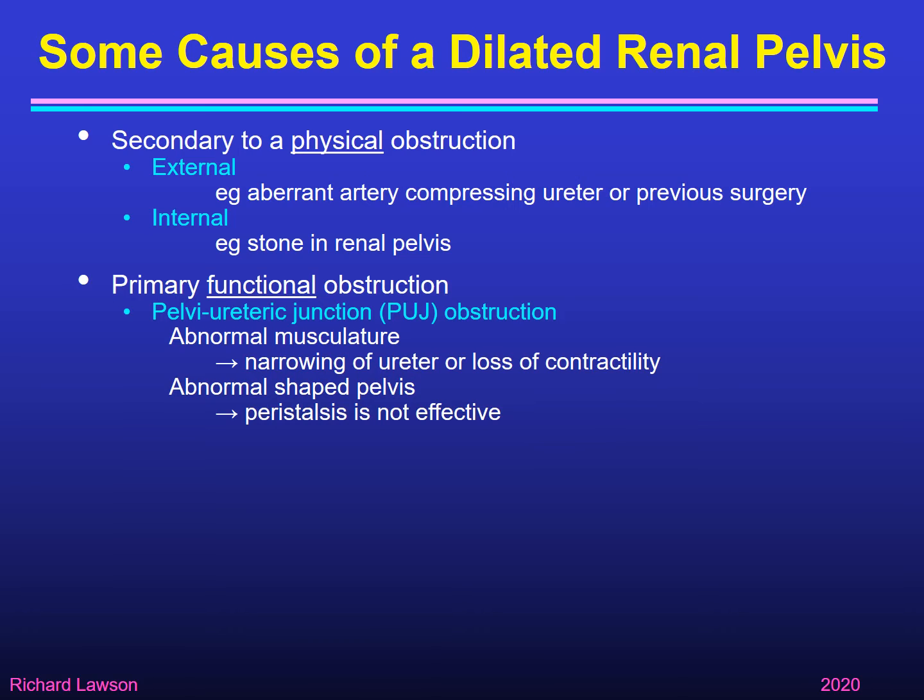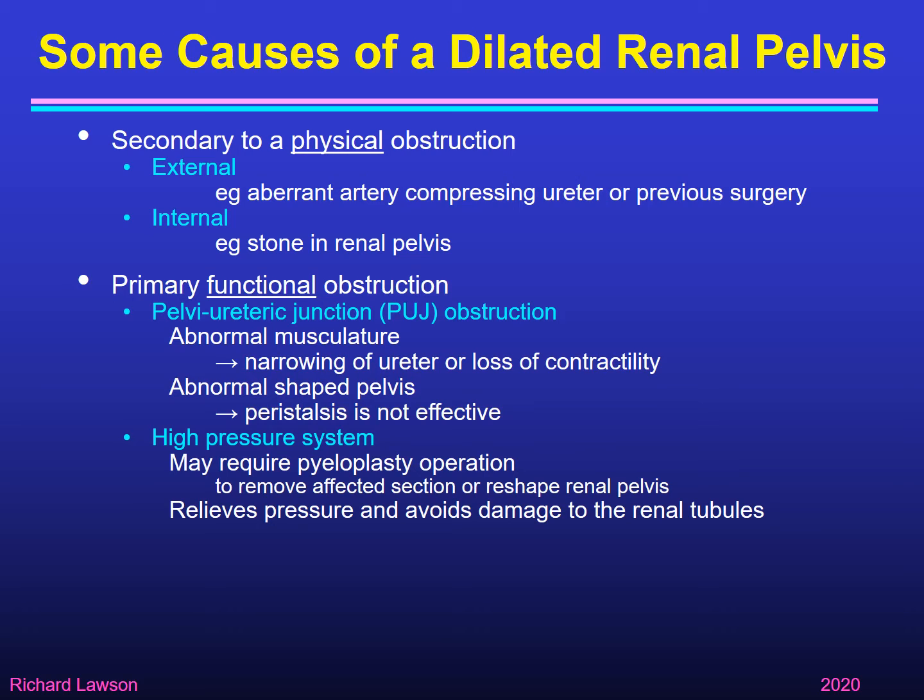Or it may just be that there's an abnormal shaped renal pelvis instead of the nice cone shape which channels peristaltic waves down through the pelvis, through the PUJ and into the ureter. If it's an abnormal shape, the peristaltic waves may not be effective in conducting the urine down into the ureter.